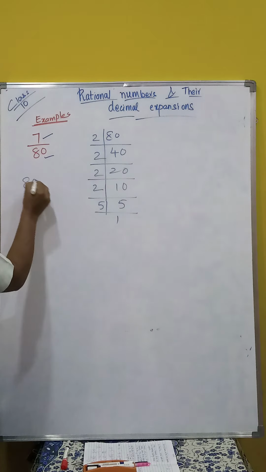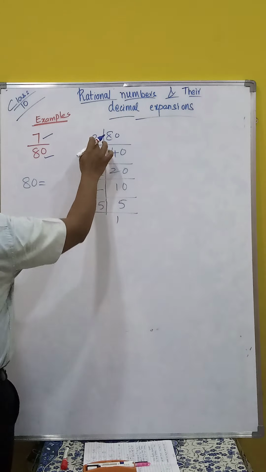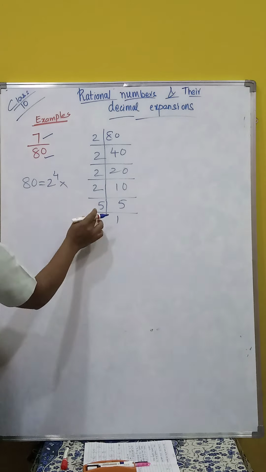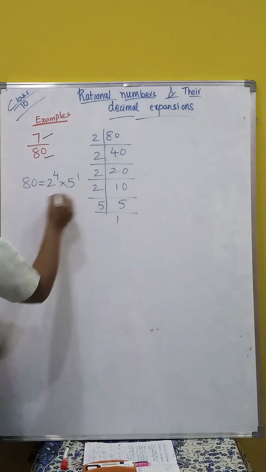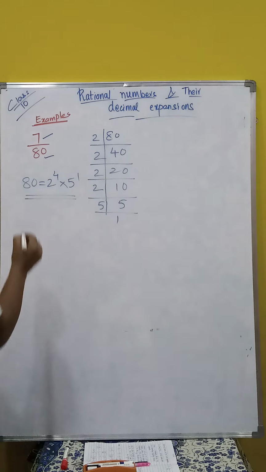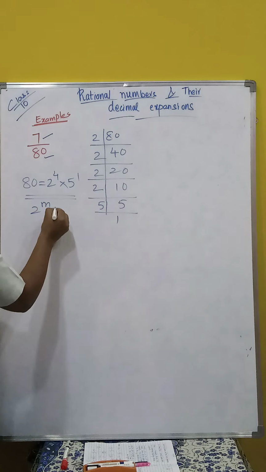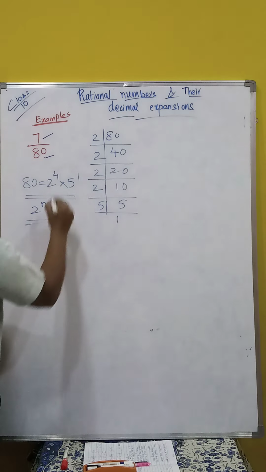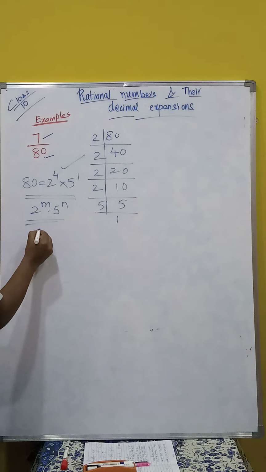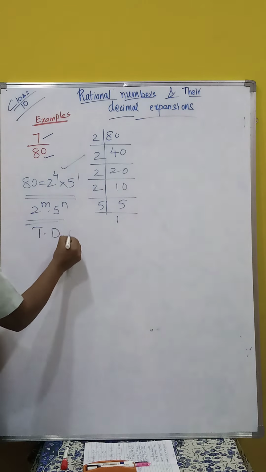Then 80 is equal to how many times 2? 1, 2, 3, 4. 2 power 4. And what is another one? 5 power 1. Then tell me students, what type of decimal this is? We know that it is in the form of 2 power n into 5 power n. Yes, it is there. Yes, directly we can say that it is terminating decimal expansion.